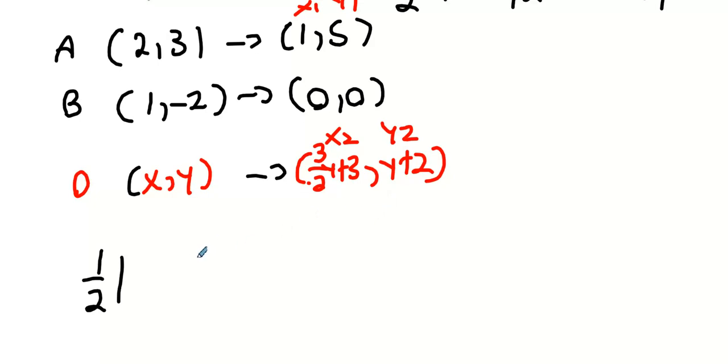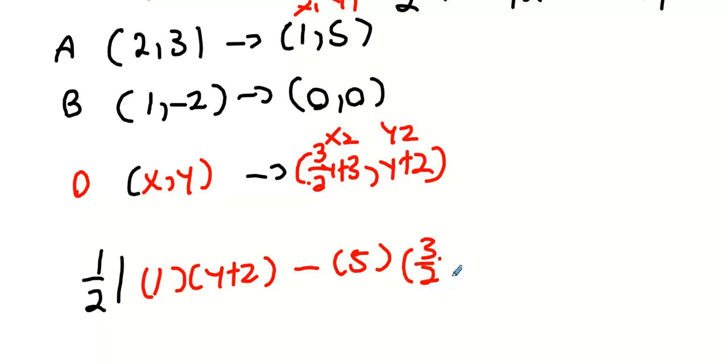Okay, so it's going to be X1, Y2, so it's going to be 1 times Y plus 2, yeah? And then it's going to be minus, and then it's going to be 5 times X2, Y1, isn't it? So 3 over 2Y, what's a plus 3? And all that has to equal 18, right?